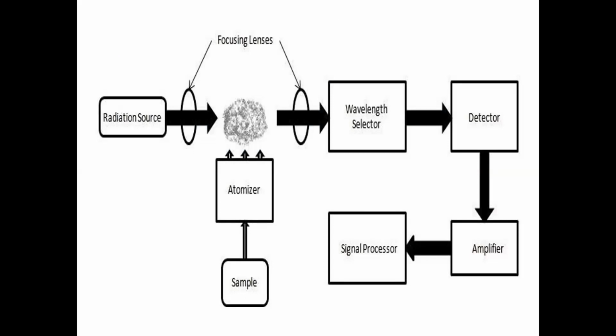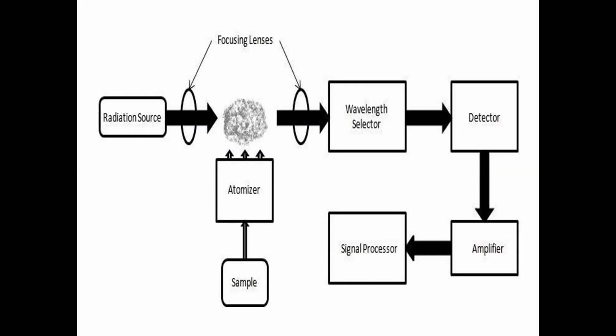So this is a diagram. There is a radiation source and focusing lenses, wavelength selector, then detector, amplifier, and signal processor. A sample is introduced, then the atomizer is there.